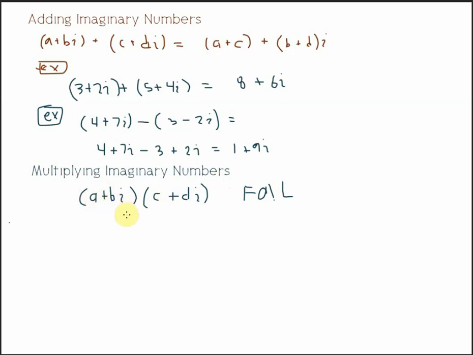It's the same rules: this a plus bi has to stay together, and this has to stay together. The only way to combine them is to FOIL: first times first, outer times outer, inner times inner, last times last. All the practice you've been doing on creating quadratics and factoring them builds upon this with imaginary numbers as well. Okay, so let's look at an example with actual numbers.